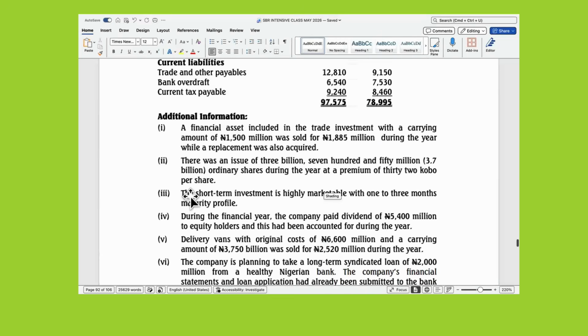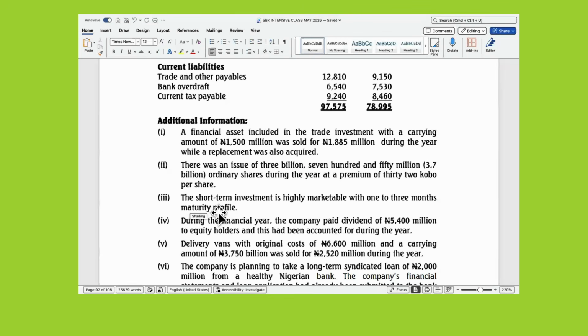And if you look at all this additional information given to us, the first one talks about a financial asset included in the trade investment with a carrying amount of 1.5 that was sold for 1.8 during the year, while a replacement was also acquired.